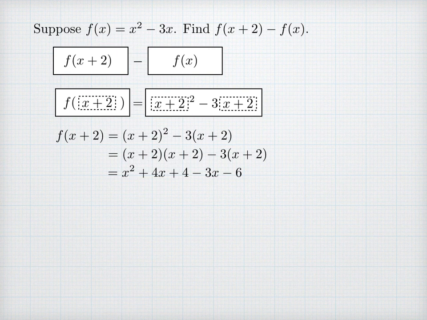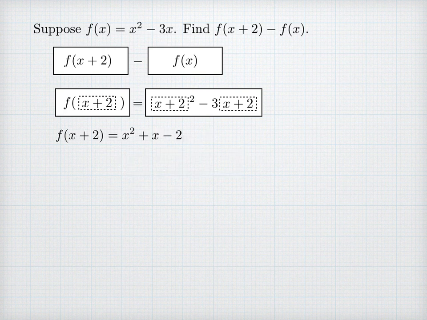And then minus 3 times x plus 2, that negative 3 distributes across both x and 2, and so I get minus 3x minus 6. Then I simplify, and I get x squared plus x minus 2. That gives me the formula that I'll use in my substitution.